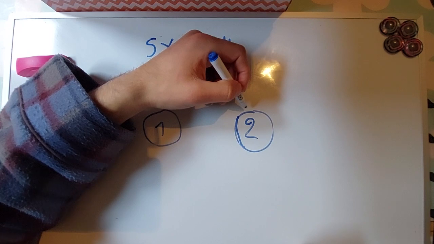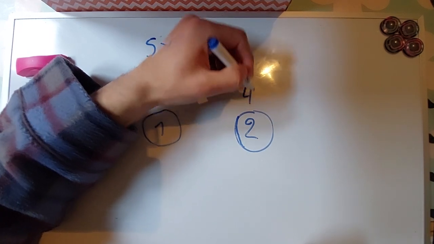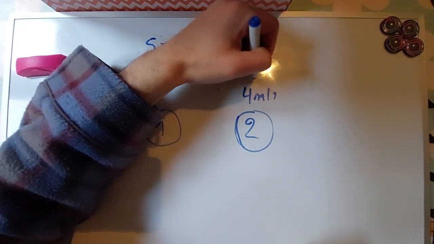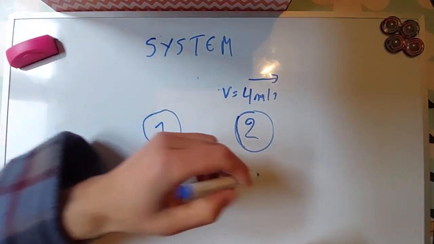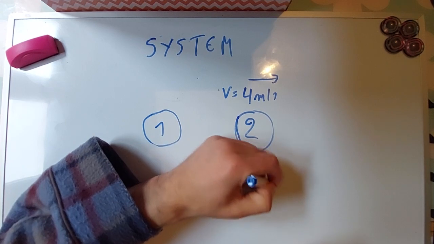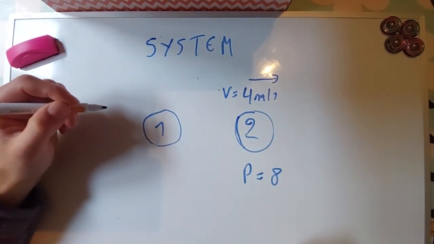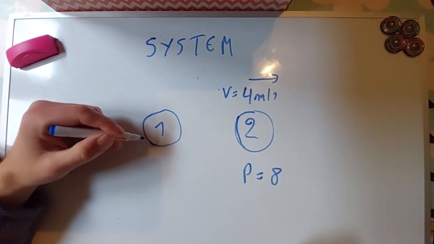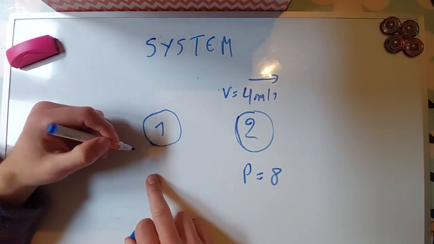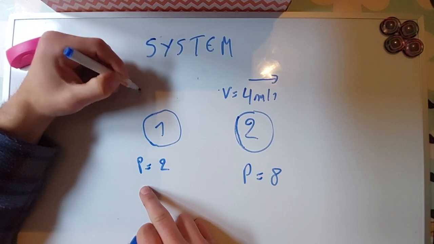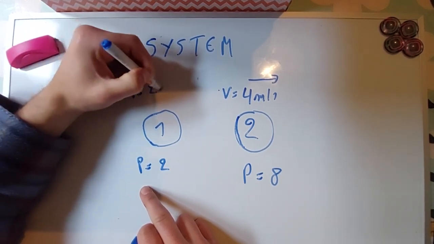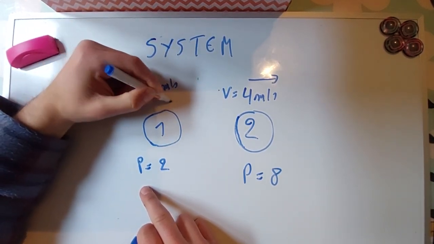So half is 5, so less than half would be, let's say, 4 meters per second to the right. That's going to be your velocity, and so its momentum would be 8. And then this one, in order for momentum to be conserved, in your model, would have to have a momentum of 2. And so its velocity would be 2 meters per second to the west.